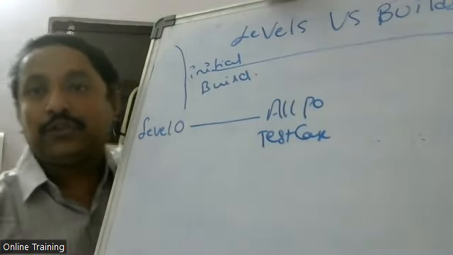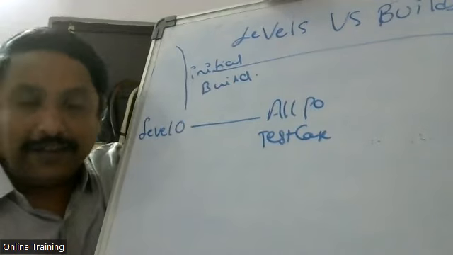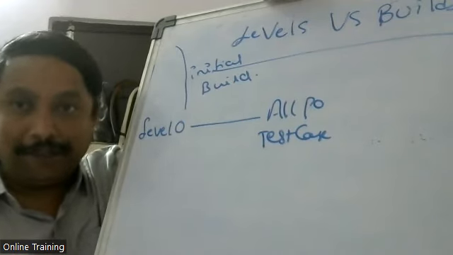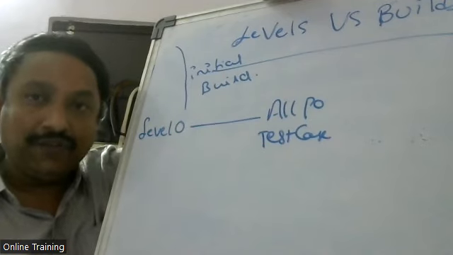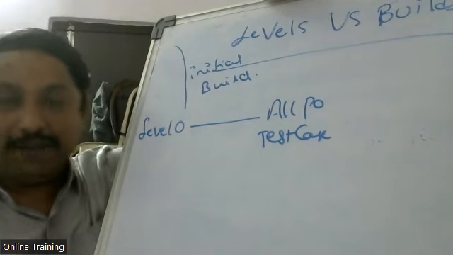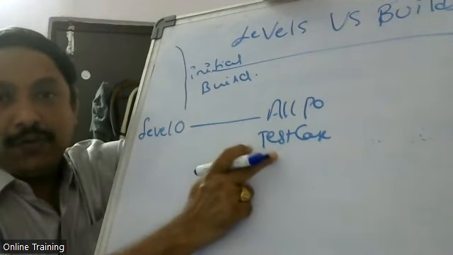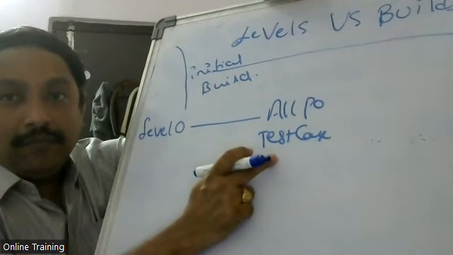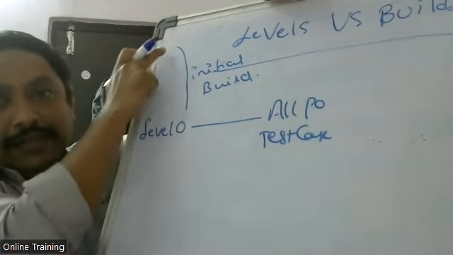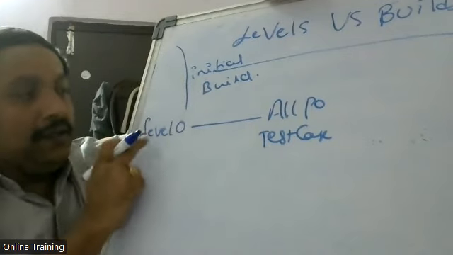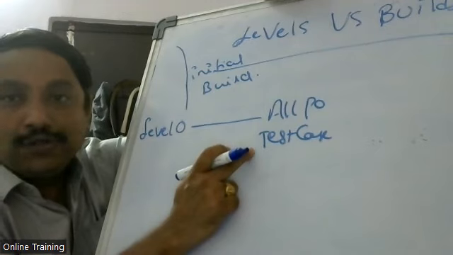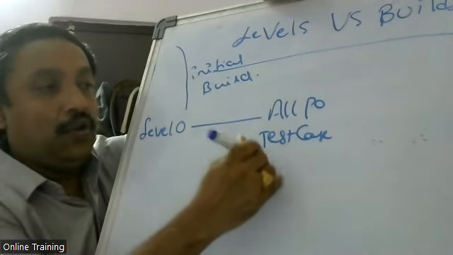We check usability and user interface, as we already discussed in black box testing: alignment, overlapping, color of the window, size of the window, links enabled or disabled, buttons enabled or disabled. Those things we mention in your P0 test cases, which are nothing but UI test cases.